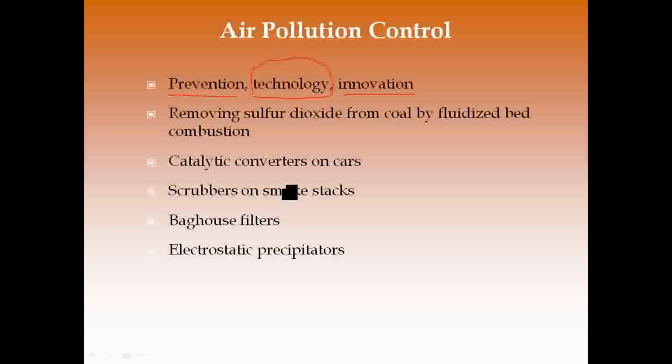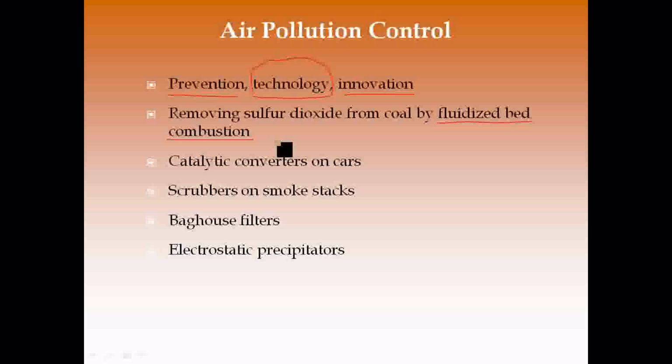Alright, well, let's start first with removing sulfur and nitrogen oxides from coal exhaust, and we do that with something called fluidized bed combustion. And again, this is about familiarization. You need to be able to name this as a way to remove sulfur.